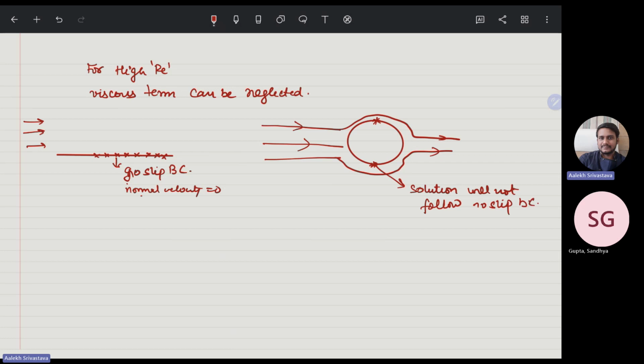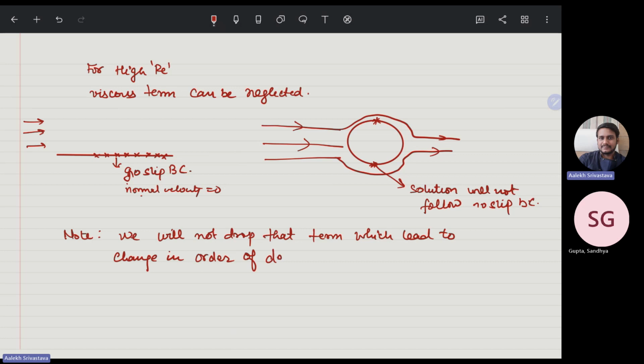That's why we will not drop that term which leads to a change in the order of the derivative. Otherwise, the boundary condition would not be satisfied.